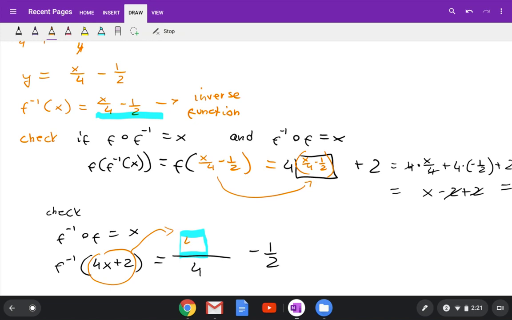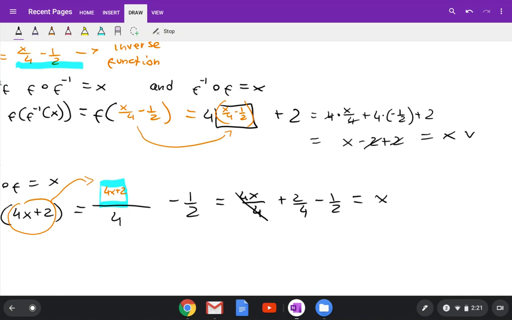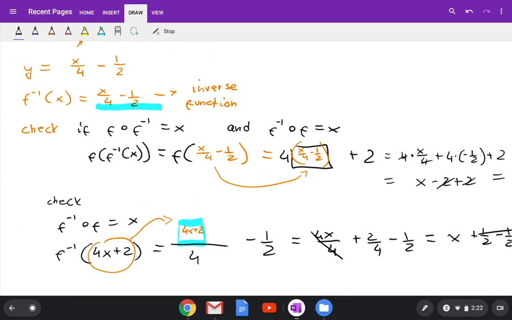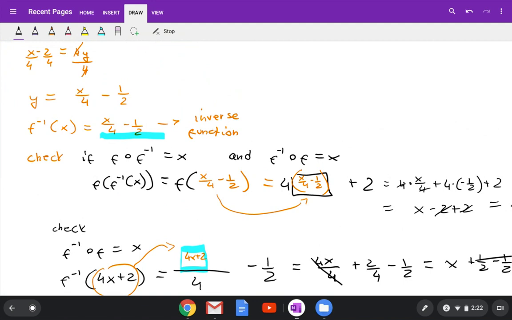So we're getting 4x plus 2. Okay, let's simplify that. So we're having 4x plus 2 divided by 4. You can split that fraction. This is the same as 4x divided by 4 plus 2 divided by 4 minus 1/2. So here we're getting x. 2 over 4, it's technically 1/2, minus 1/2. They will cancel, and we're getting x. So definitely, we solved that correctly. We found the inverse function.